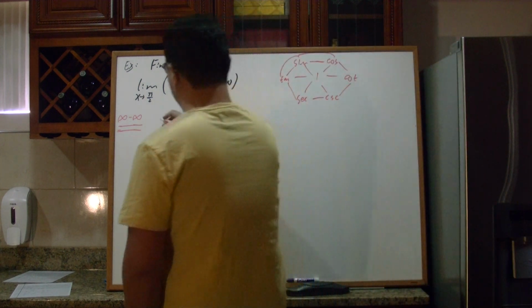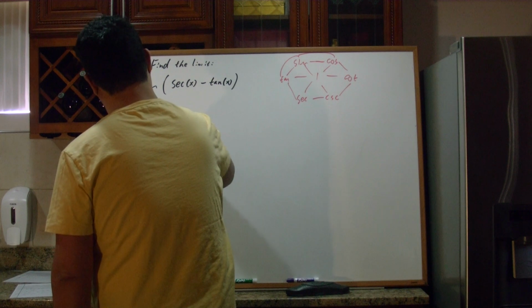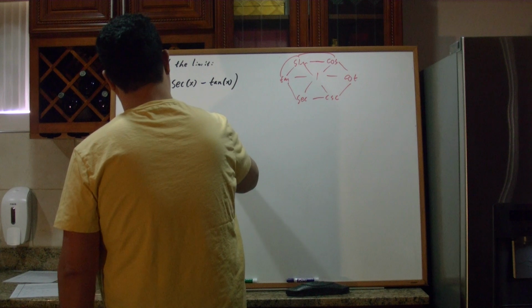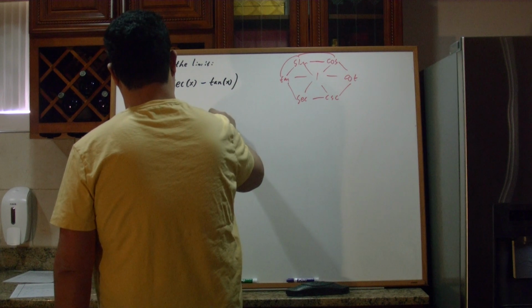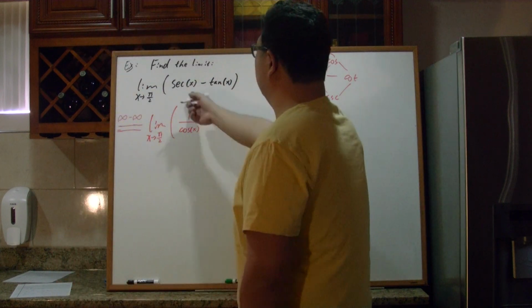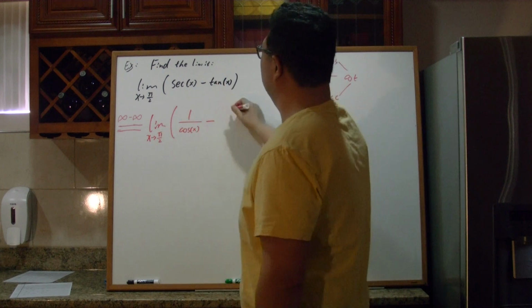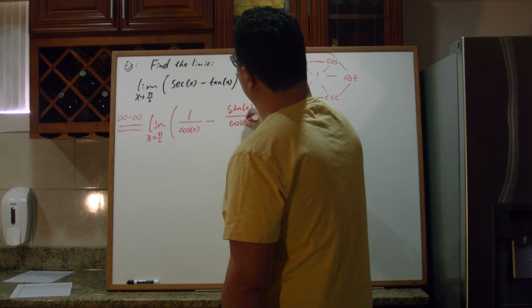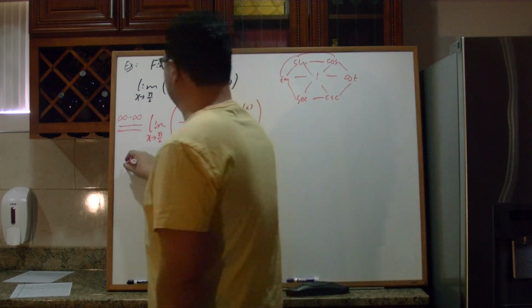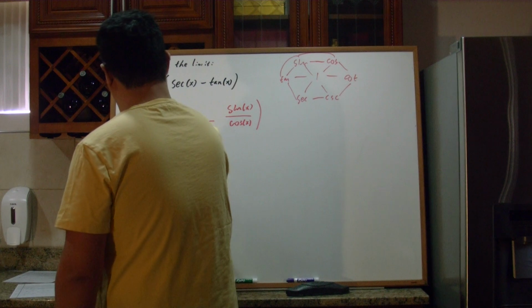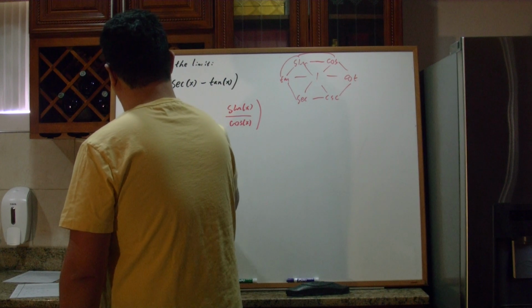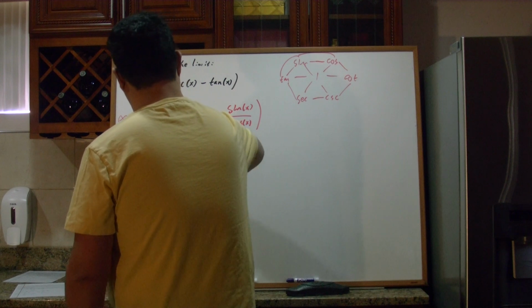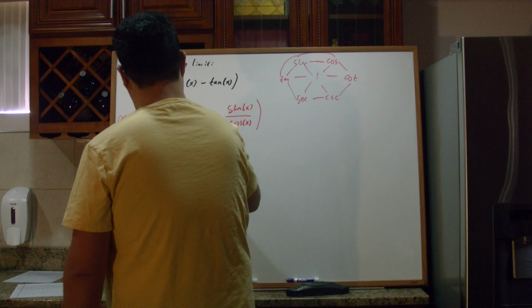So we have that discussed in our review section, the first section, that secant is 1 over cosine, tangent is sine over cosine, so this limit can be applied as x approaches pi over 2 as 1 minus sine x over cosine x.